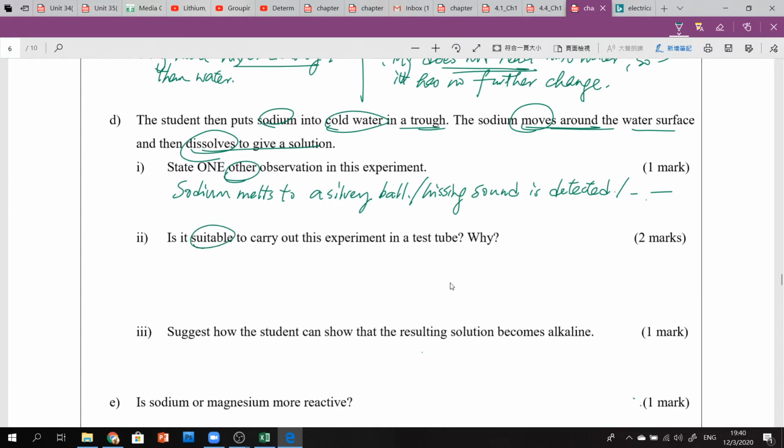Is it suitable to carry out this reaction in a test tube? No. Why? Because the energy released is too high.